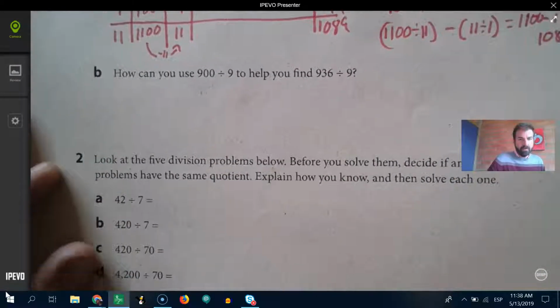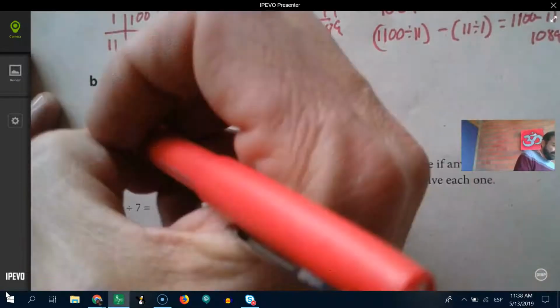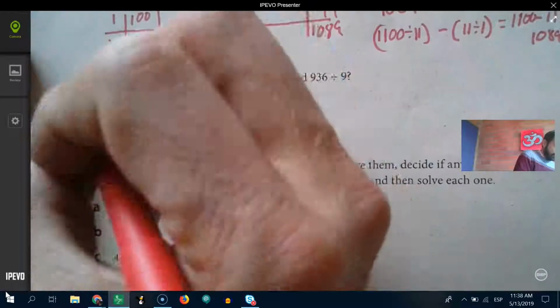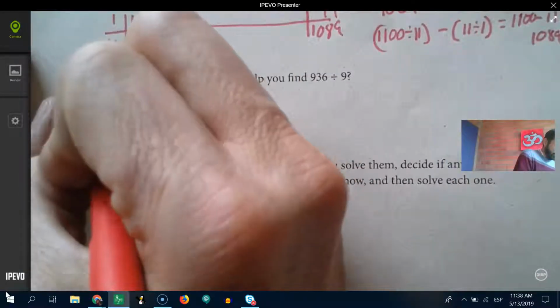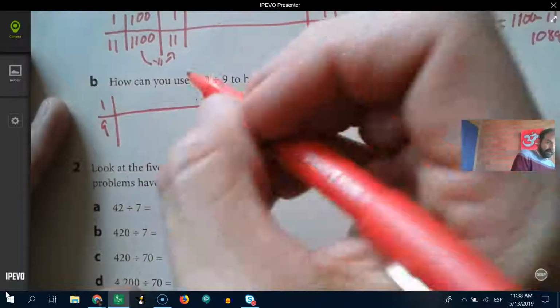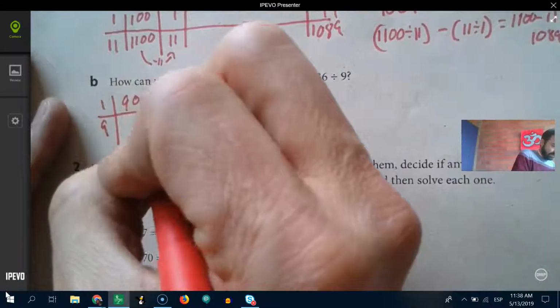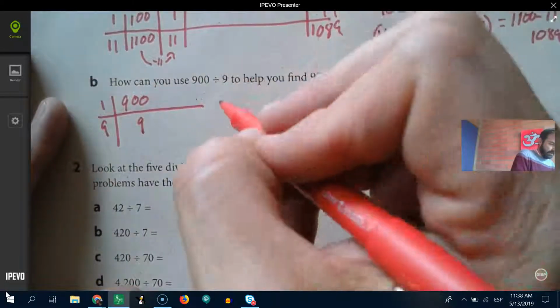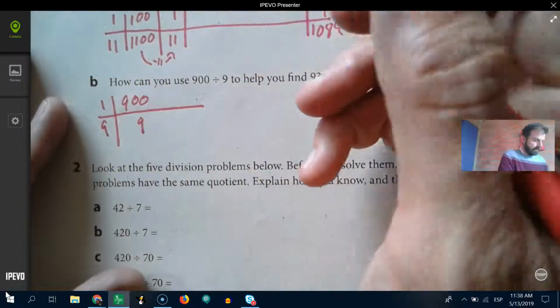How can you use 900 divided by 9 to help you find 936? So again, for every one group we got 9.